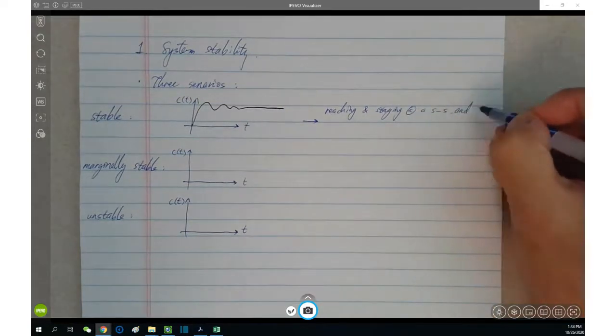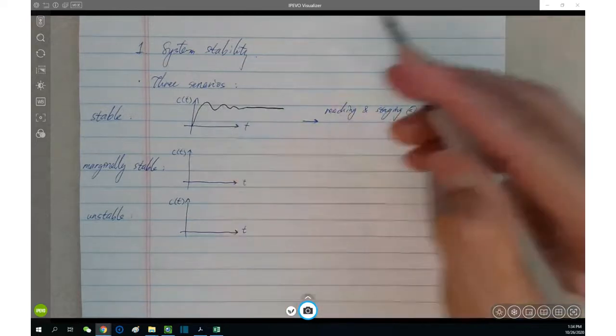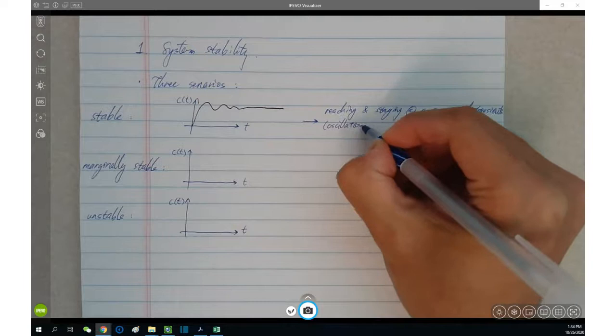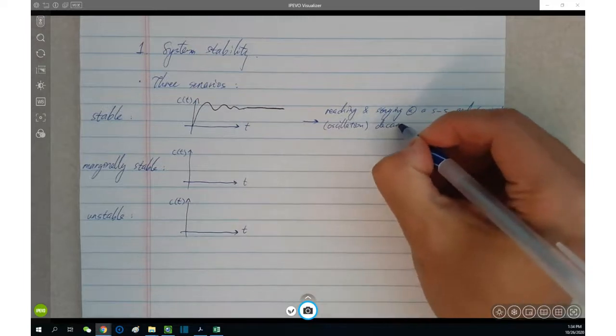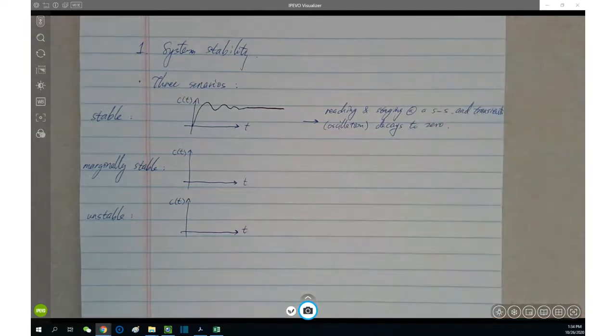And more importantly, you should say something about the transient. How about transient performance? The transient oscillation decays to 0. There's no oscillation anymore.